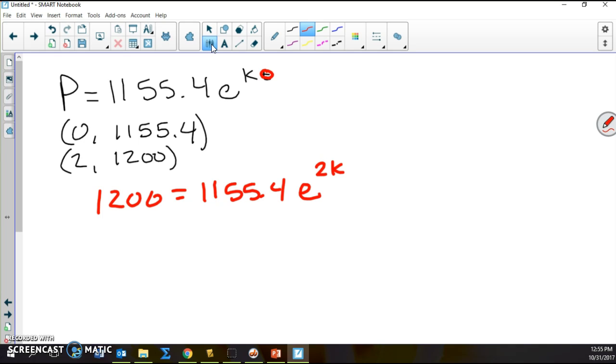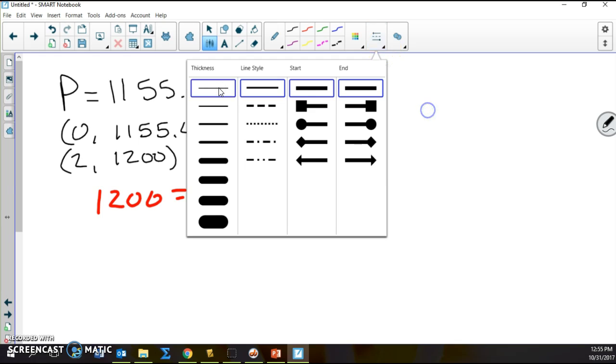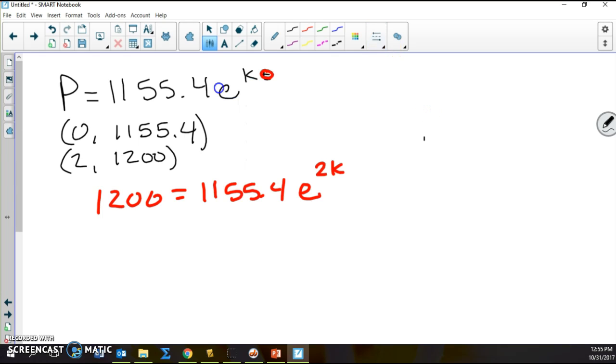We're going to divide both sides. So, algebraically, dividing both sides by 1155.4, leaving us with e to the 2k.